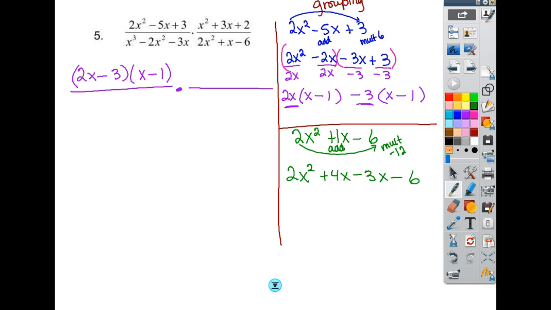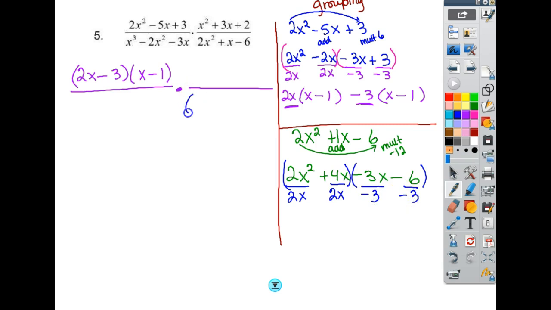I kind of put, it doesn't really matter, but I put my 2 and my 4 together because I know they'll both divide by 2. I put my 3 with my 6 because I know they'll both divide by 3. Okay. And so what will 2x squared and 4x both divide by? A 2 and an x. What will these both divide by? A negative 3.